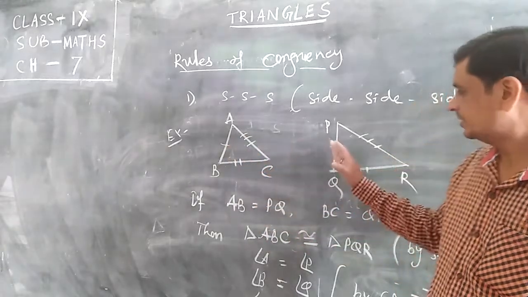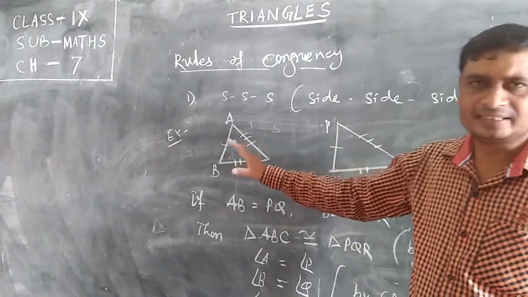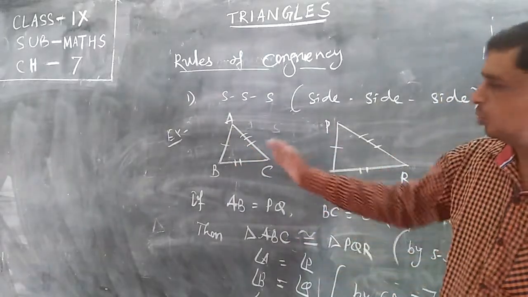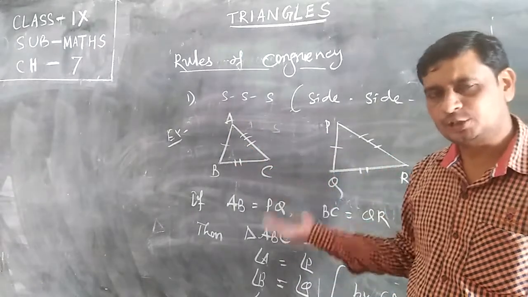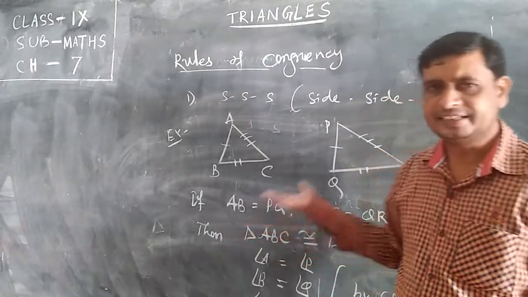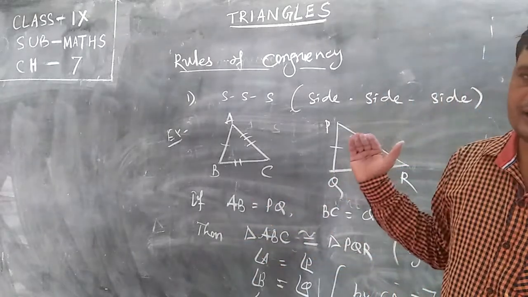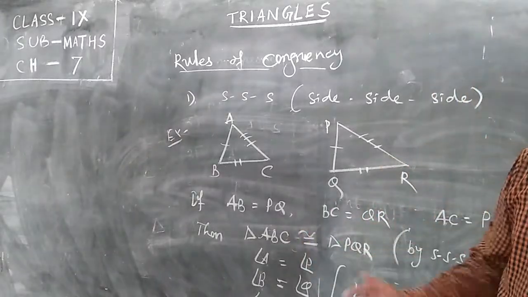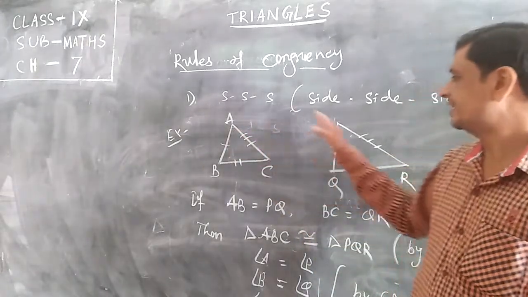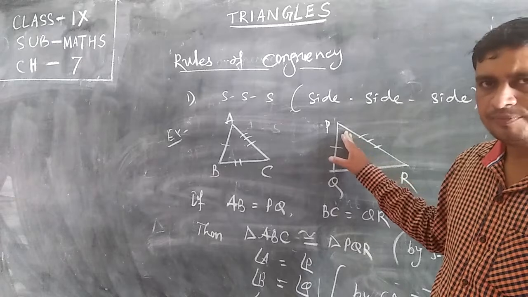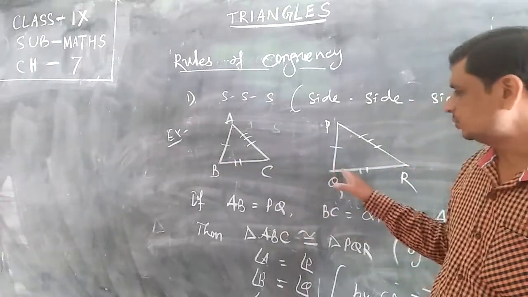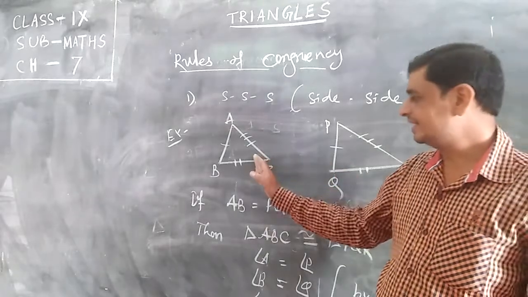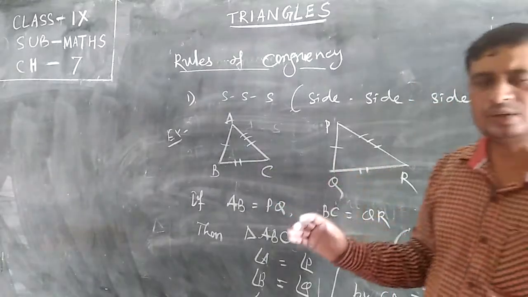Since 3 pairs of corresponding sides are observed to be equal, both triangles become congruent. After getting the congruent triangles, we can write their corresponding parts; the remaining corresponding parts will be equal. Here angle A and angle P, angle B and angle Q, and angle C and angle R are equal.